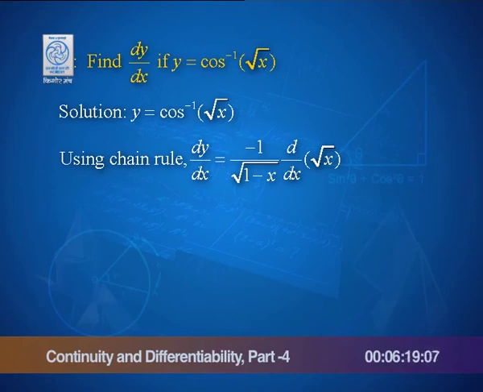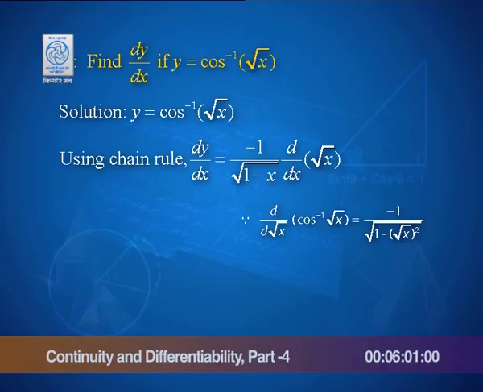What happened in between? Derivative of cos inverse root x with respect to root x by their formula would be minus 1 by root of 1 minus root x whole square. Isn't that so? That simplifies to be minus 1 by under root 1 minus x.